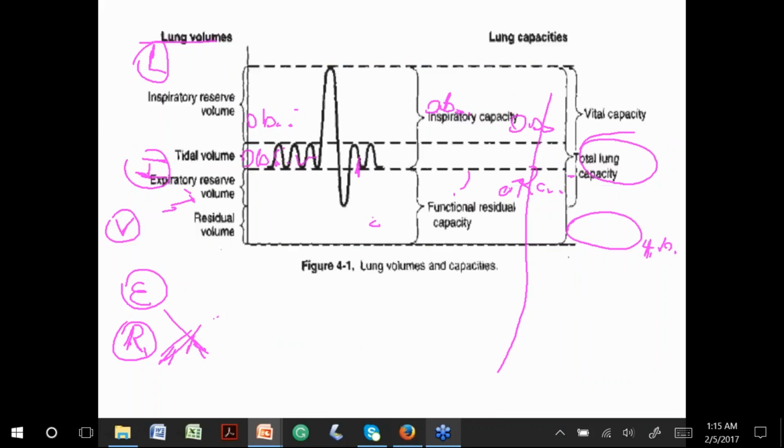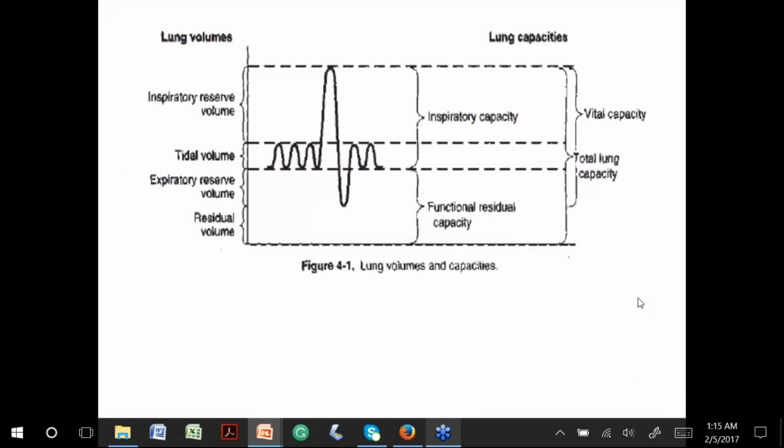All right, so let me see if I can erase this. So here again we have the volumes, 4 volumes and 4 capacities.